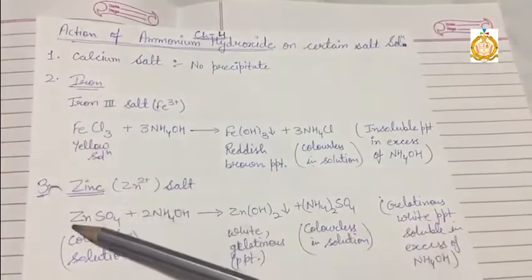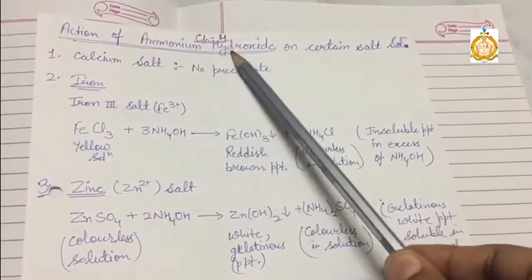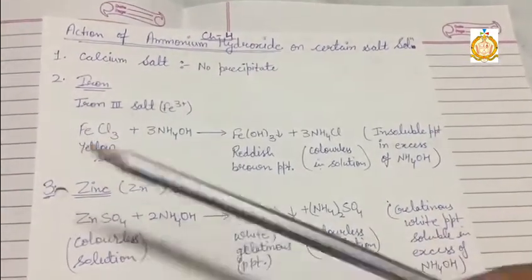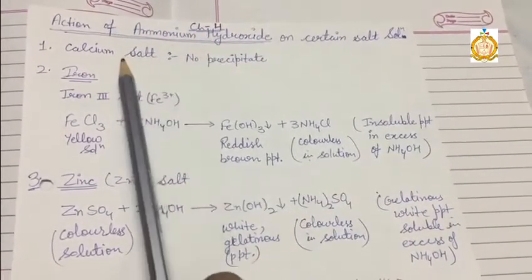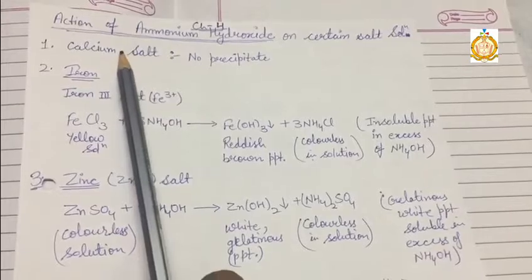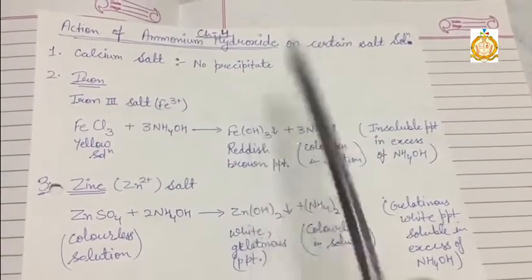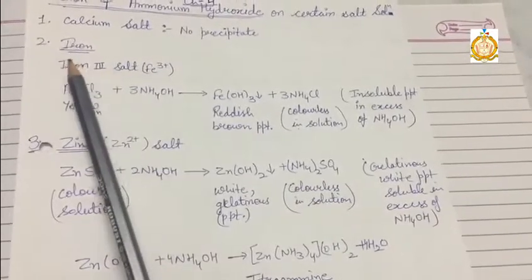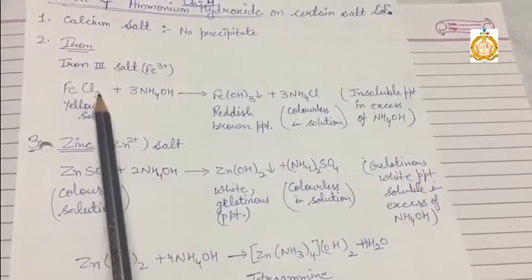Here I have taken three salt solutions. We will discuss the action of ammonium hydroxide on these salts. The first one is calcium salt. When ammonium hydroxide is added to calcium salt, drop by drop or in excess, there is no formation of a precipitate. The second one is iron salt, iron 3 salt, that is ferric chloride solution.